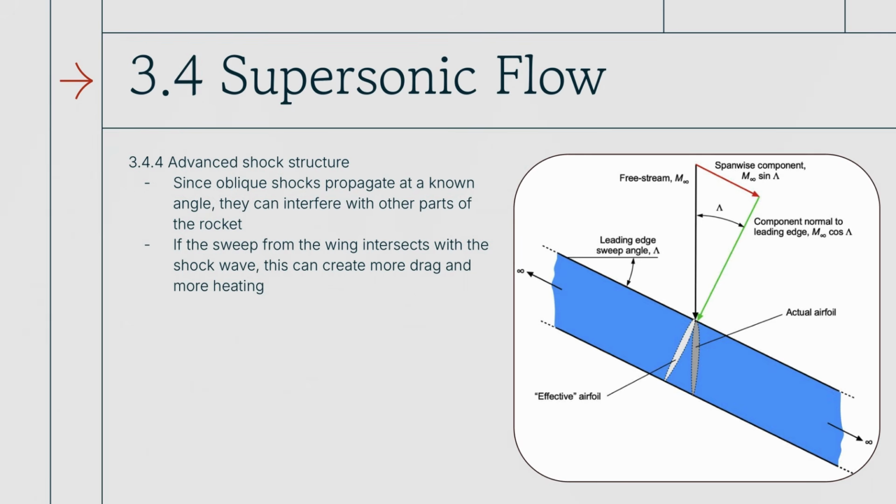So what it is saying is, the blue line is your wing, and the free stream is approaching it. But because the wing is at an angle, only the green vector is the speed you have to consider. And because the green vector is at an angle now, your airfoil shape is now not the gray one, but the lighter gray one.